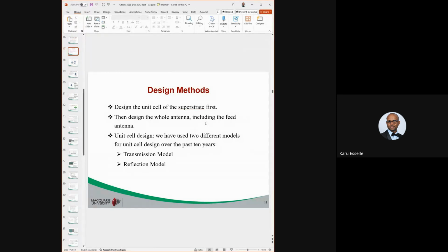So these design methods are for large antennas that have some sort of periodic structure. We design the unit cell first, then design the whole antenna, including the feed. To design the unit cell, we have two different methods: one is called the transmission model, the other is the reflection model. So what's the difference?